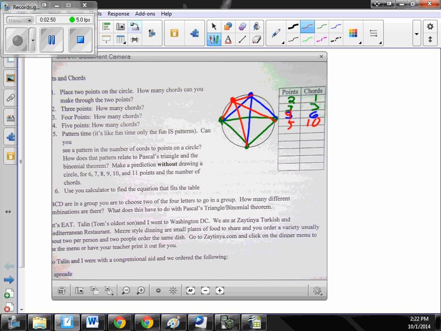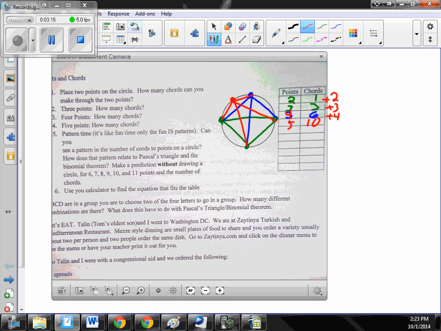So, do you see a pattern in the numbers? So, +2, +3, +4. It's 1 less than the number of dots. Oh, you're adding, right. Okay, so the number you add is 1 less than the number of total dots up to that point.